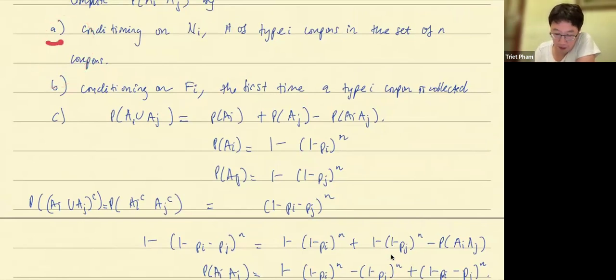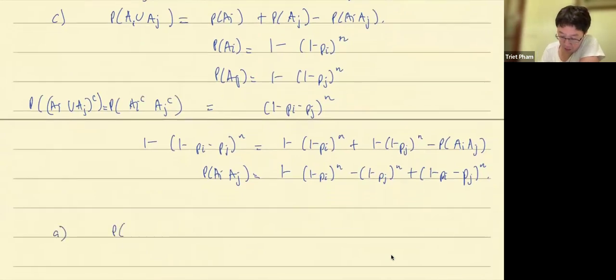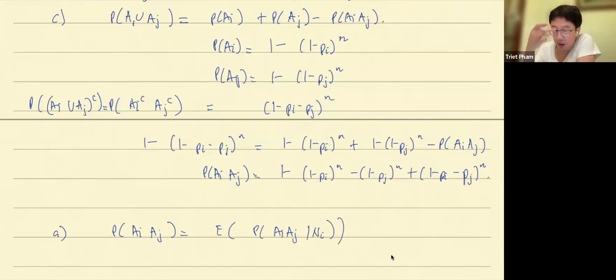So let's focus on A. If you condition on Ni, the number of type I coupons in a set, how does that work? So the probability of AI AJ is, let's say, the expectation of the conditional probability given Ni, the number of type I coupons in the collection.